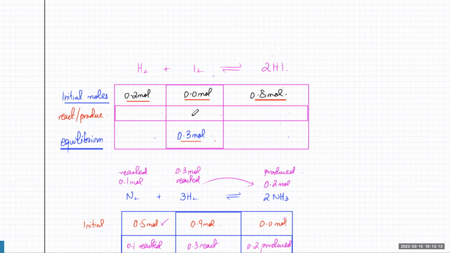Extra कितना आ गया? 0.3. तो इसका मतलब reaction इस direction में गया ना, right? Left there. Because 0.3 got produced. मतलब वो extra आ गया 0.3, right? So now use ratios. If one of this is produced, one of H2 is also produced. So how much H2 would be produced in this reaction?